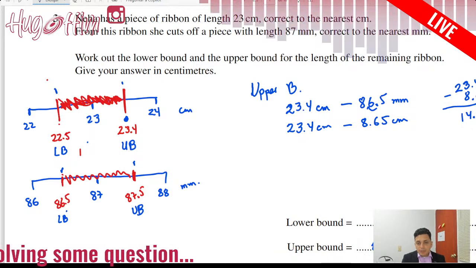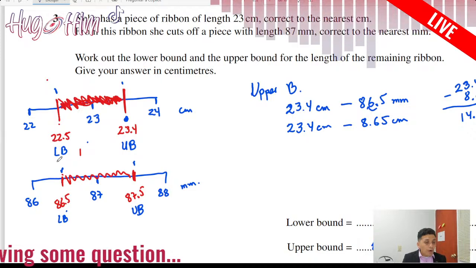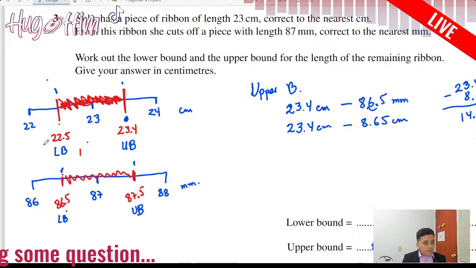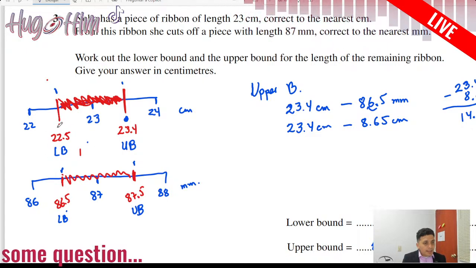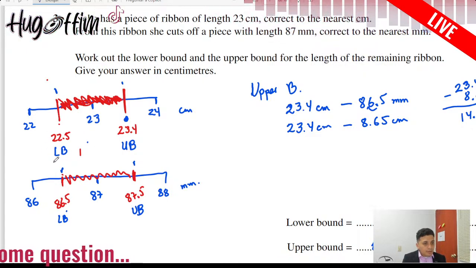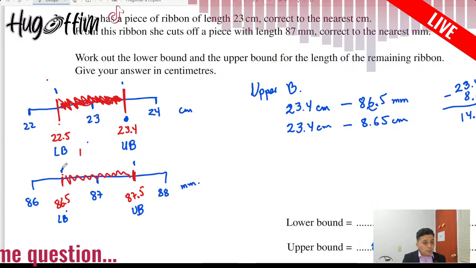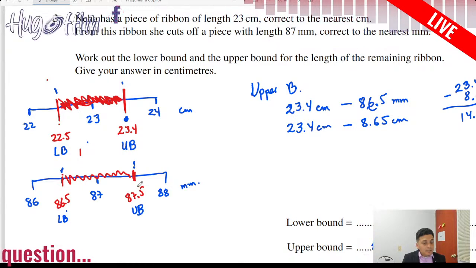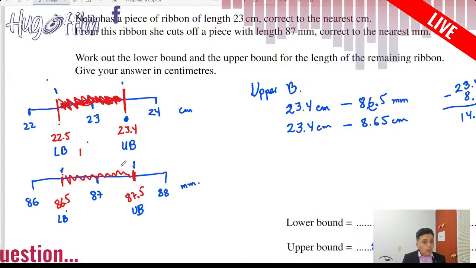14.75 centimeters. Now the lower bound, what's going to be the lower bound? I'm going to subtract from the lowest point here the highest, and I'm going to get the lower bound, the smallest number I can get from these intervals. The lowest from the 23 centimeters to the highest from the 87 millimeters.